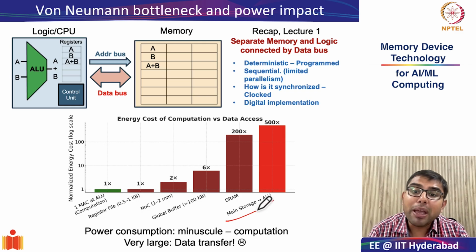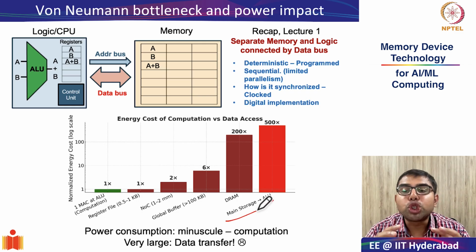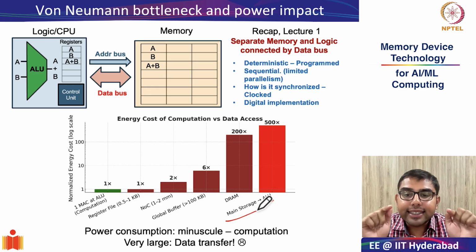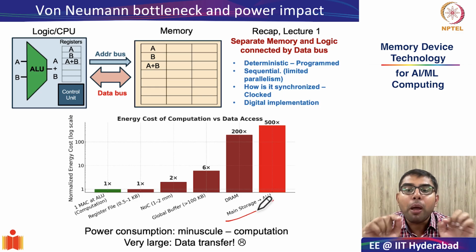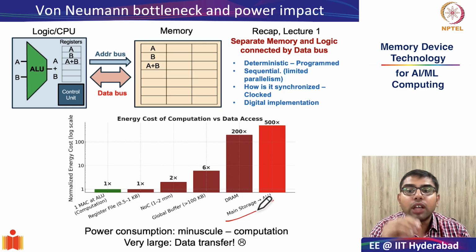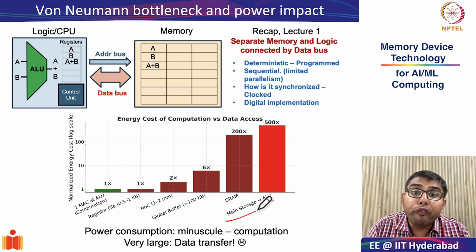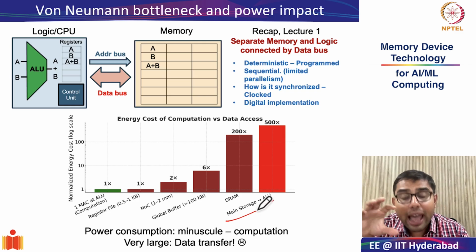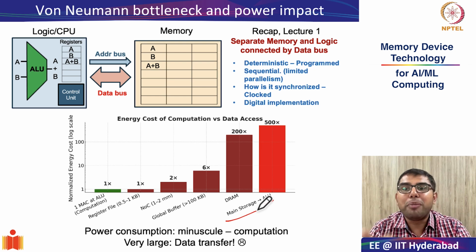The overwhelming majority of energy is spent simply in shuttling data back and forth. And this is where the von Neumann bottleneck shows up in practice. The separation of memory and compute elements forces constant data transfers, and that is what dominates the energy cost when you force fit AI/ML algorithms into von Neumann systems.